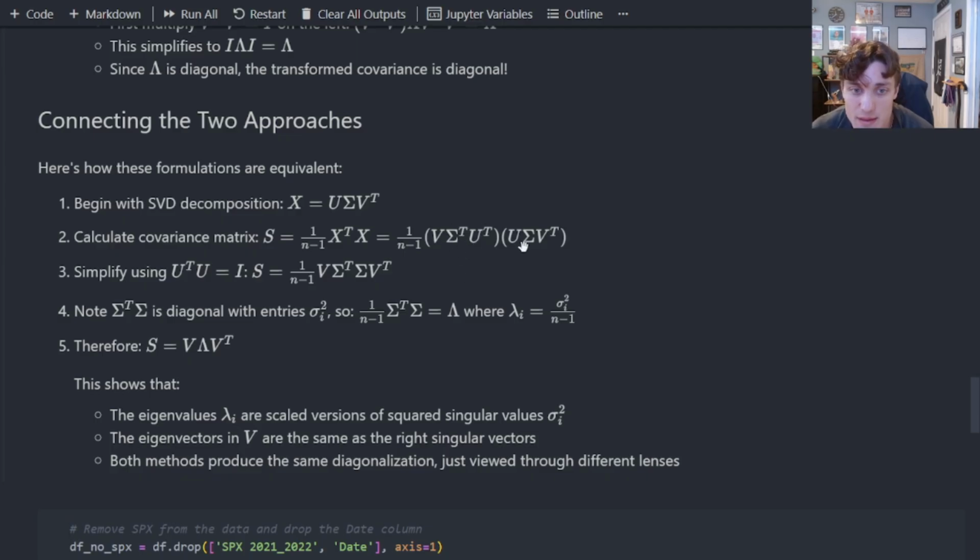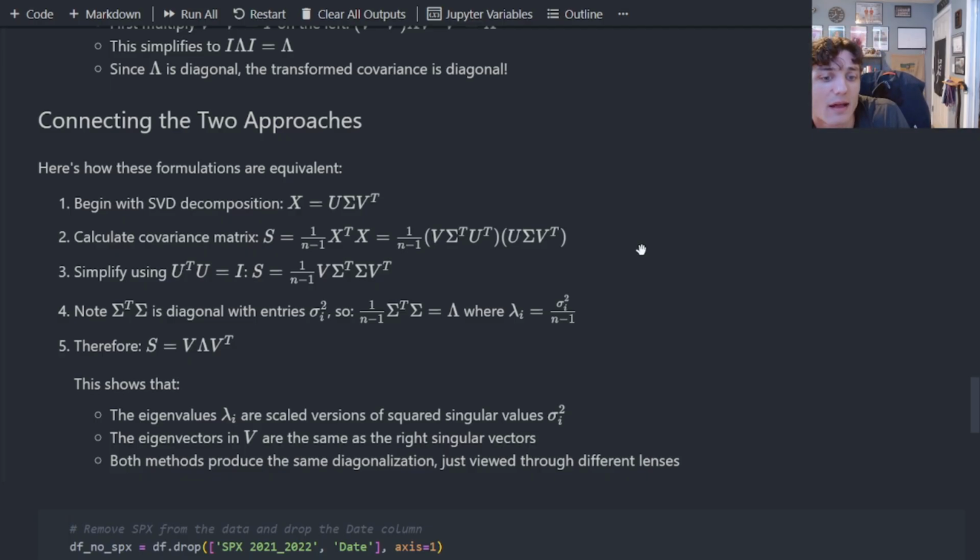Then we have this product, but we also know that U transpose U is the identity, and then we're left with V Sigma transpose Sigma V transpose, and this is going to be diagonal with entries sigma_i squared, and that means that Sigma transpose Sigma normalized by n minus 1 is Lambda, and that would also imply that lambda_i is equal to sigma_i squared divided by n minus 1, and that is the connection between the eigen decomposition of the covariance matrix versus the singular value decomposition of the data matrix.